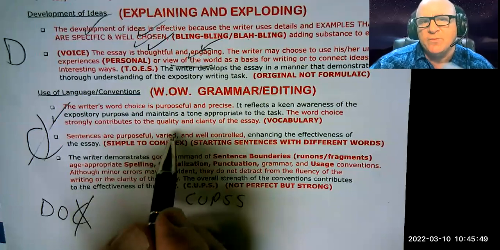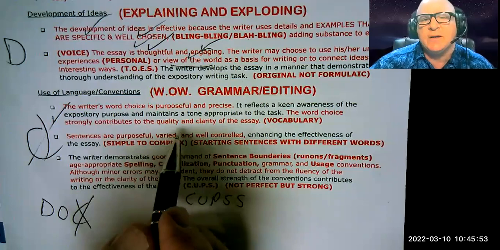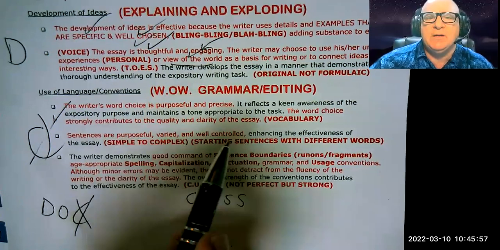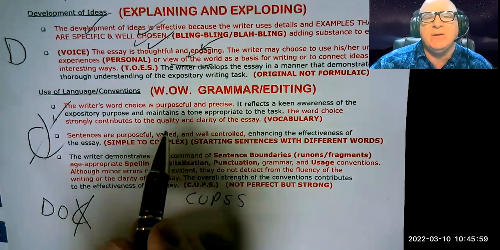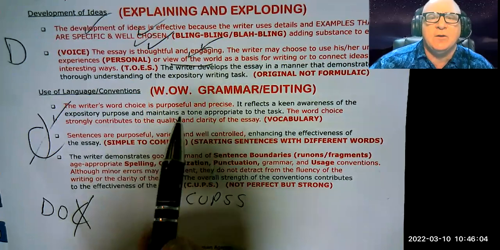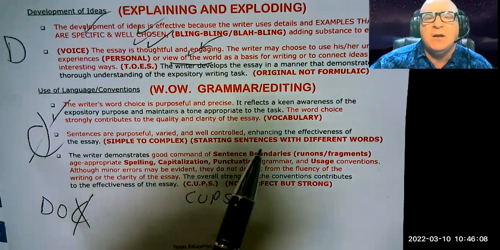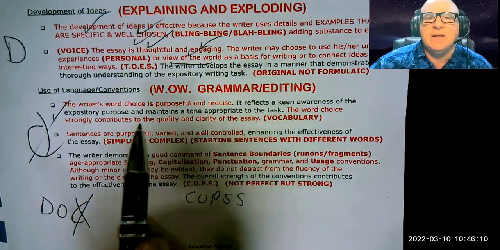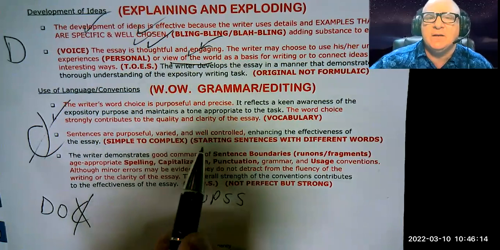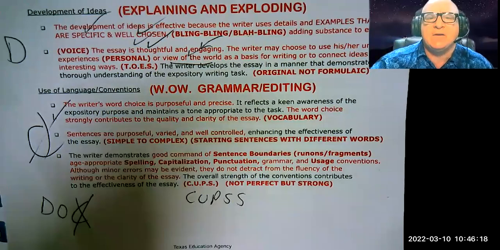So if you think of the cards in a deck, ace all the way to king, ace would be a sentence with 1 word. 10 would be 10 words. Jack could be 11. Queen could be 12, and king could be 13 words. And so if you say whatever number of the deck that you get, when I hand you a card, give me a sentence about a specific topic with those exact amount of words.